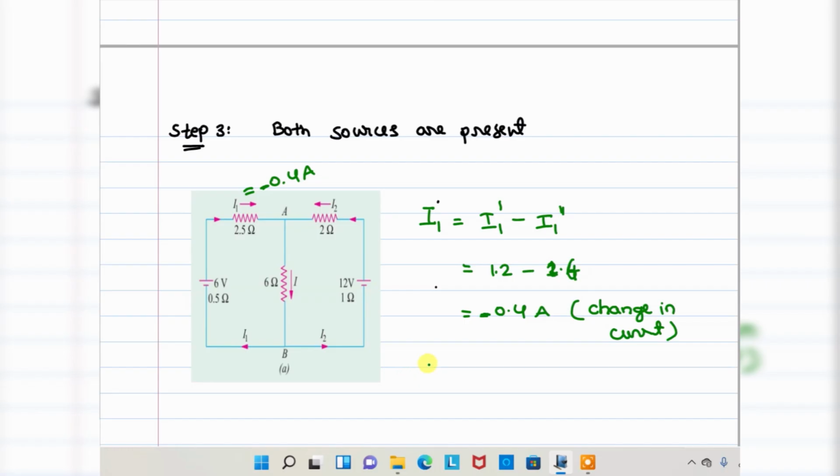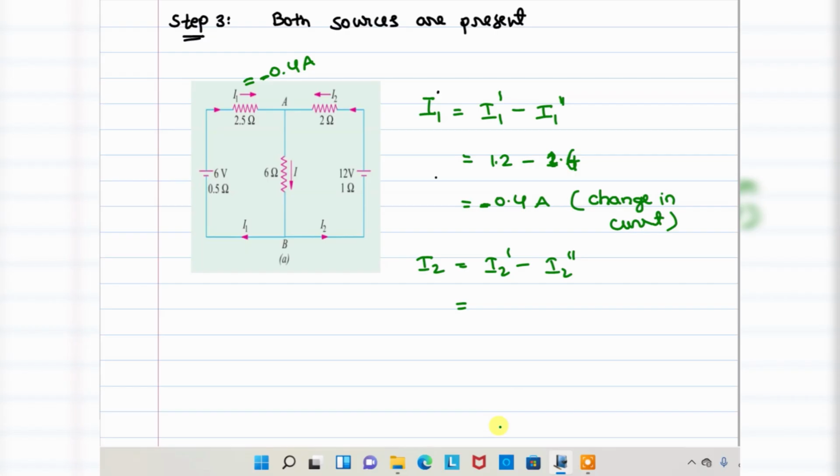Next one, current I2. So I2 is equal to I2 double prime minus I2 prime. Here this is the original direction, so actually I2 double prime minus I2 prime. Why am I taking I2 double prime first? Because in the problem itself it is mentioned the original current direction is the same as I2 double prime.